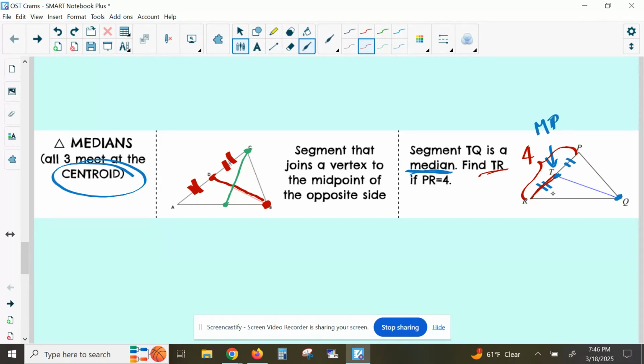Of course, since these have to be equal and they have to add up to be 4, the answer is going to be 2. This piece is 2 and that piece is 2. So the measure of TR is equal to 2. Now remember, when we don't put any bar on top, we read this as the measure, or length, of TR is 2 units long.